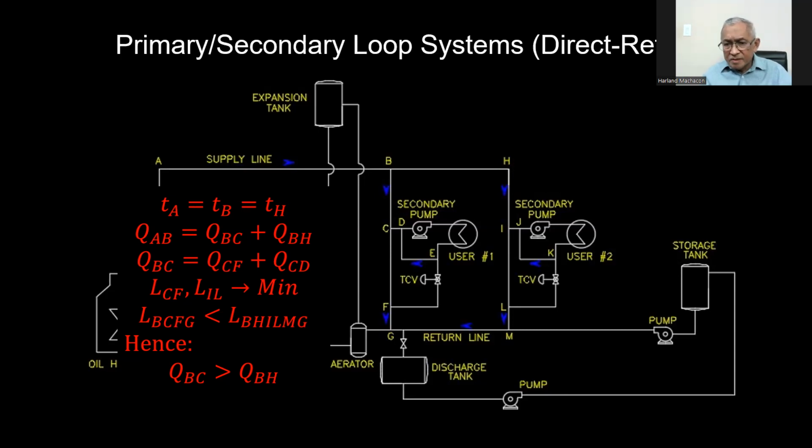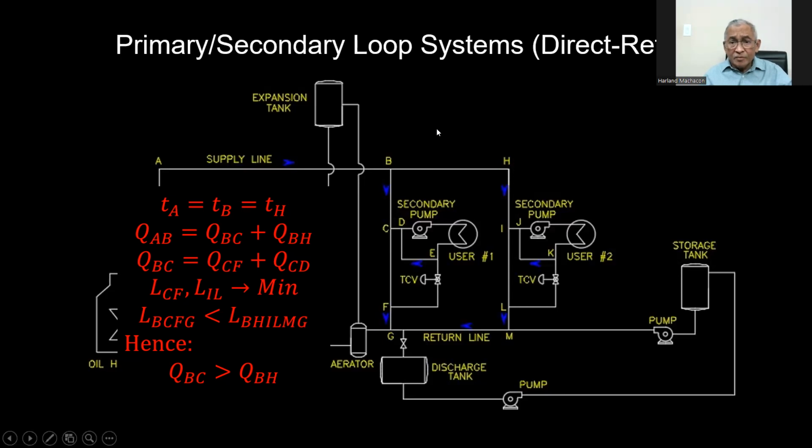If this length of piping here is a lot less than this length of piping here, coming back to the return line, what does it mean? The oil flows to the least resistance. So there will be a lot of flow from B to C, B to G, compared to the flow in B to H. Okay?